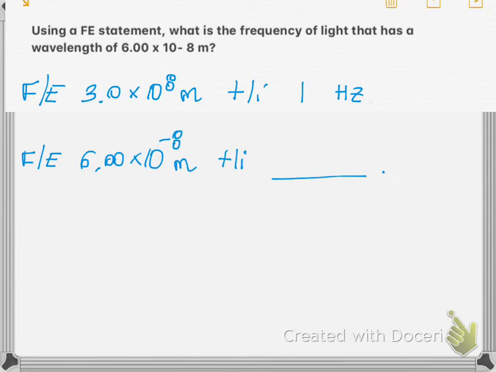So to go from 3.0 times 10 to the 8th to the 6.0 times 10 to the negative 8th, we need to divide. And in order to figure out what number to divide by, you're going to take the bigger number and divide it by the smaller number. So the bigger number here is the one that starts with a 3. So 3 divided by 6 is 0.5.